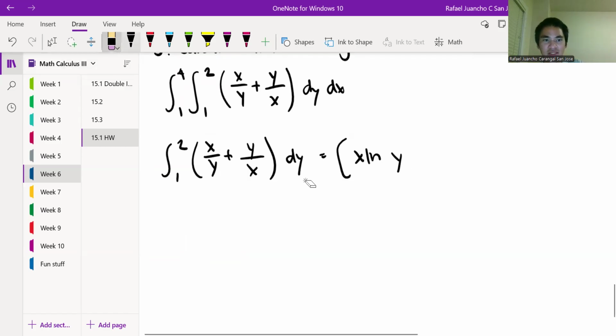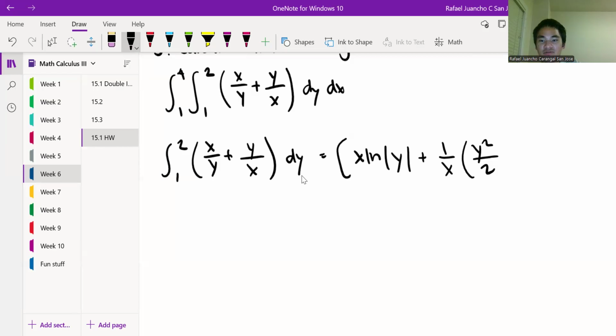And to be precise, this is the absolute value of y. Here we add, so we have 1 over x times y. So this is 1 over x, y squared over 2 when we integrate it. So this is just simply going to be y squared over 2x.